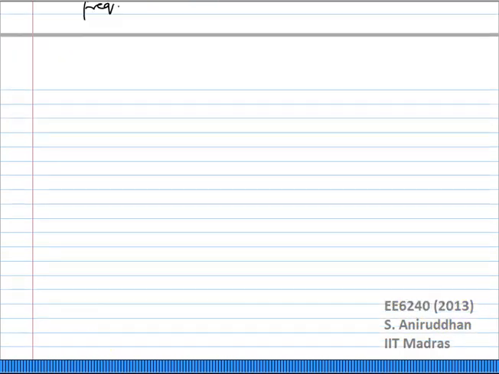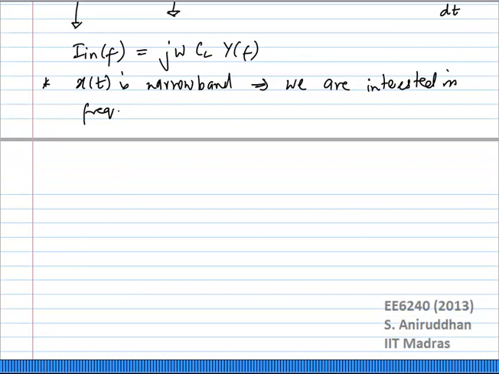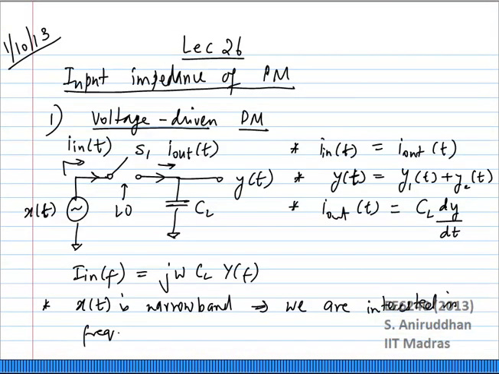I out of f is the same as In of f, because the switch input current has to be equal to the output current. So that is the first thing I put up here.